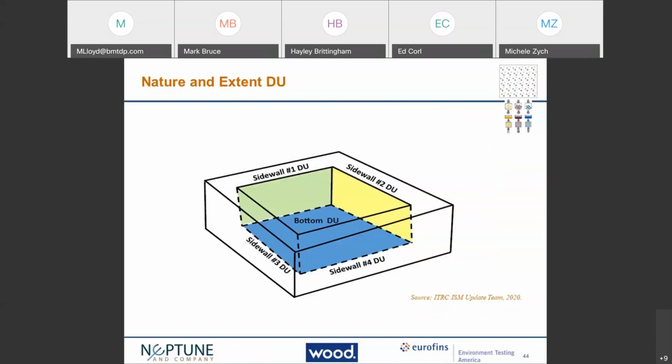Now, here's an example of a nature and extent DU. It's an excavation, and here we want to decide which samples, if we need to extend that excavation deeper through your bottom DU or in any certain direction based on the sidewalls.